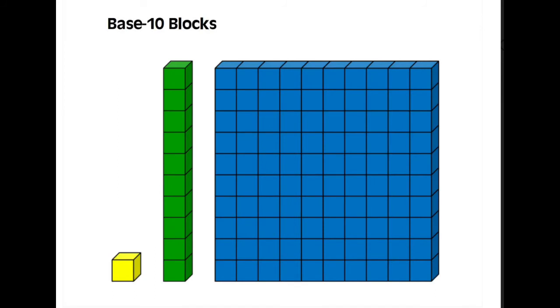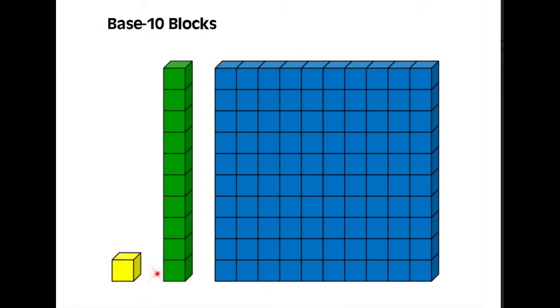Our counting system is base 10. It may be because we have 10 fingers and they just started with that, but whatever it is, it's base 10. Now these base 10 blocks can be used to represent our numbers. Starting with the smallest one, the yellow one, that's just 1, right?